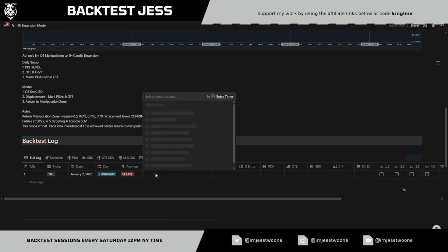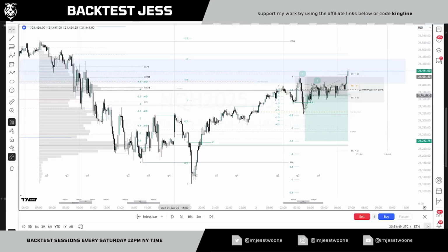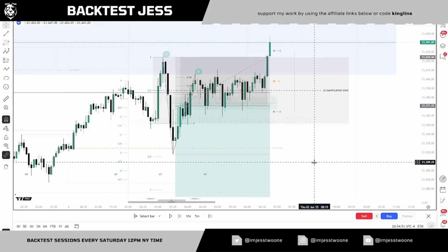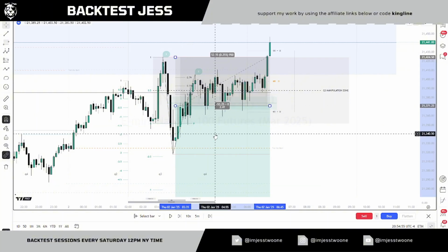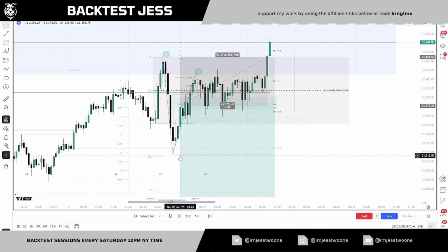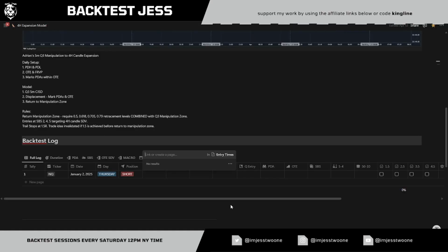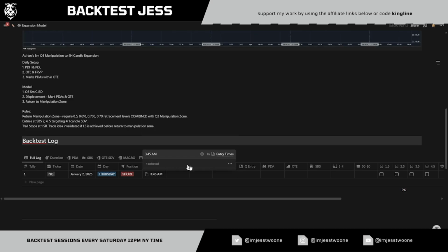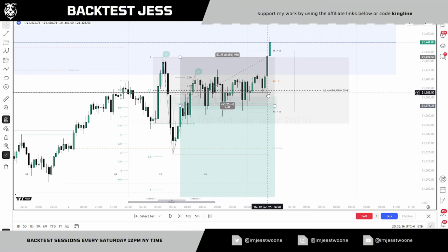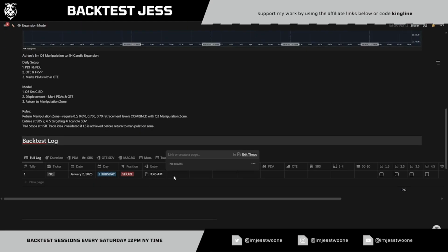We were short. We were just demanding EQ. So the entry occurred here at 3:45. Not a bad time to enter. And we were stopped out at 6:40. Ooh, 3-hour hold.